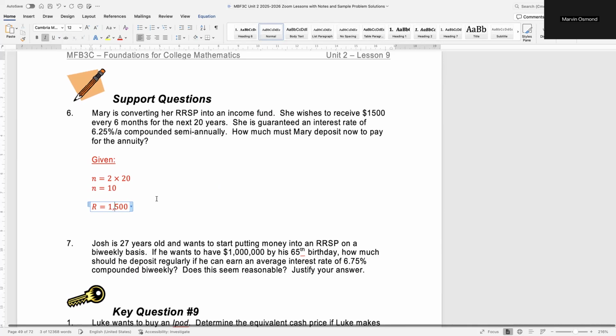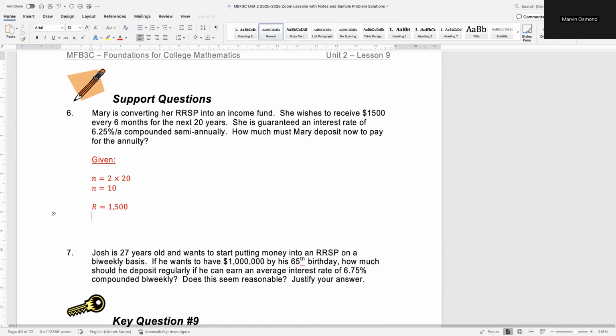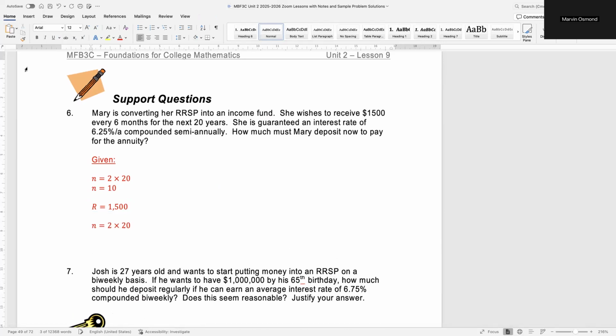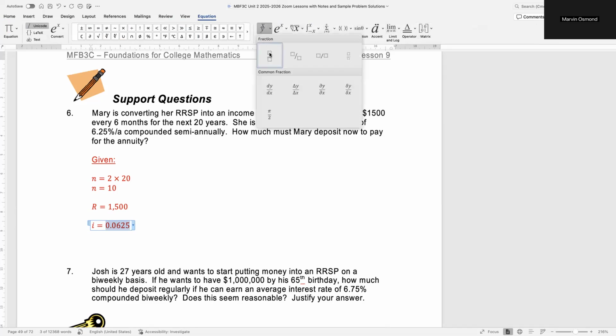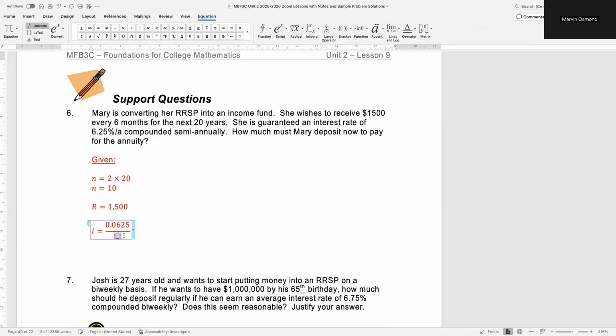She's guaranteed an interest rate, so the I value is going to be, 6.25% as a decimal is 0.0625. And I need to divide that by 2.